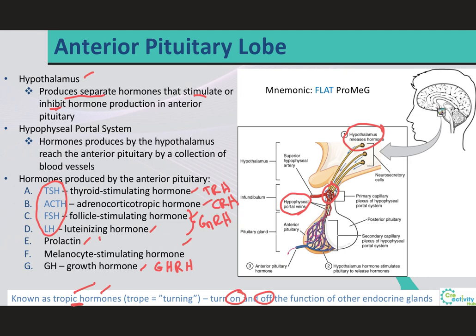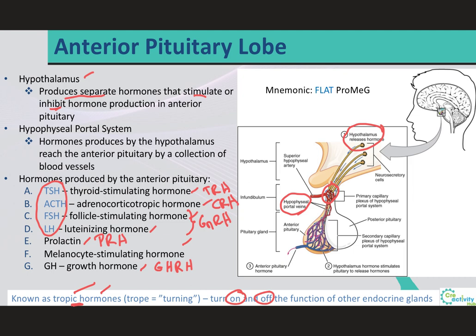Then we have prolactin releasing hormone coming from the hypothalamus that will stimulate the anterior pituitary to produce prolactin, which will stimulate lactation or the milk production by the mammary glands. Remember that oxytocin stimulates the ejection of the milk, but prolactin stimulates the production of the milk.